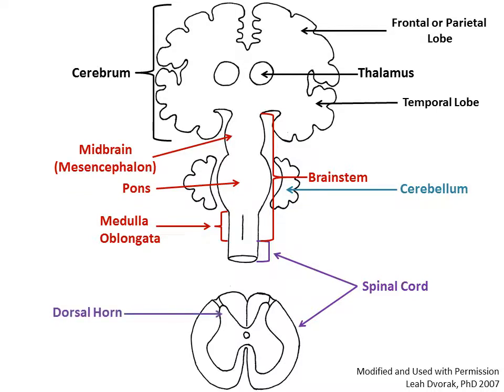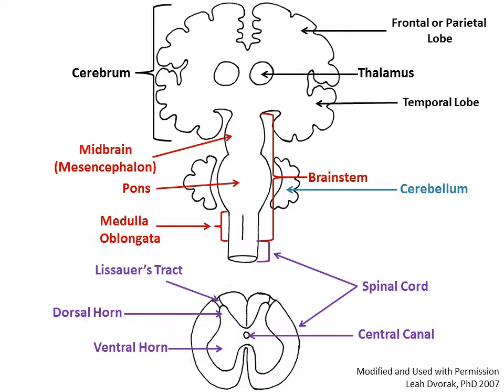Then looking at the spinal cord, we have the dorsal horn, the ventral horn, the central canal, and something new called Lissauer's tract. By new, I mean new to many of you, because we did not talk about this in anatomy. Lissauer's tract is the vestibule of the spinal cord.